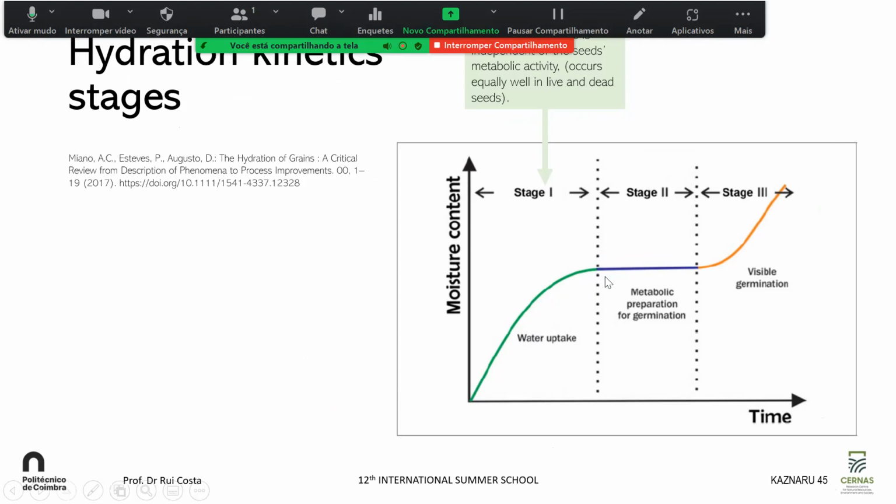So this part after stage 2 and stage 3 usually is not needed. It's not needed for fermentation. It's not needed for lab production, etc. So most of the products will stop here. But if you want germination, then we need to go over this stage 2 and enter stage 3 where there is germination.